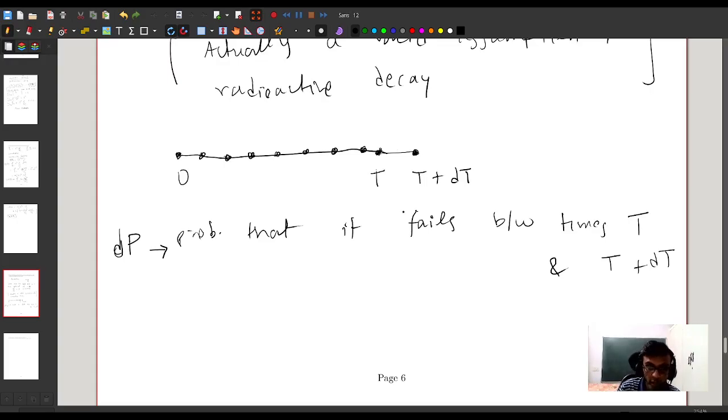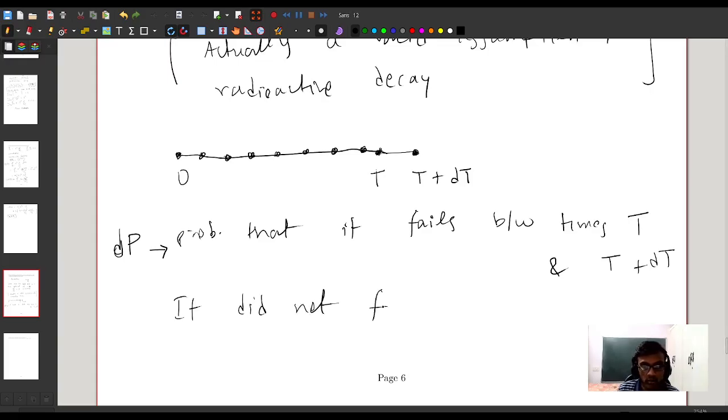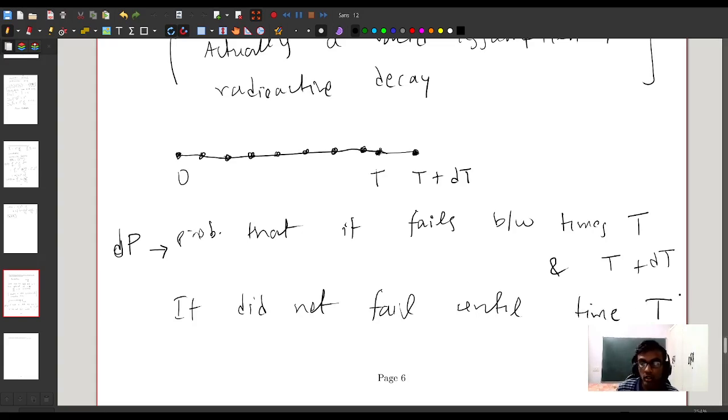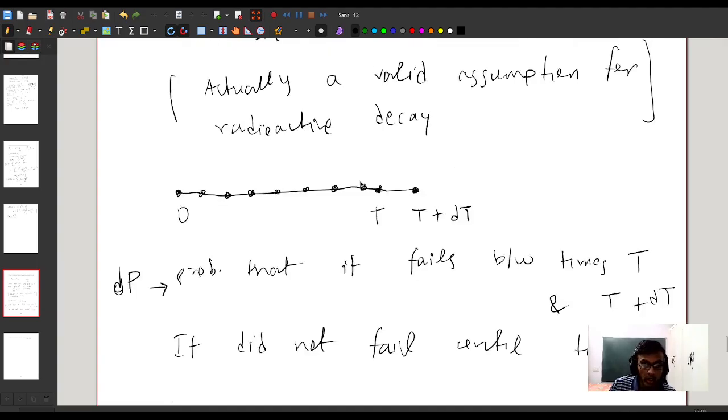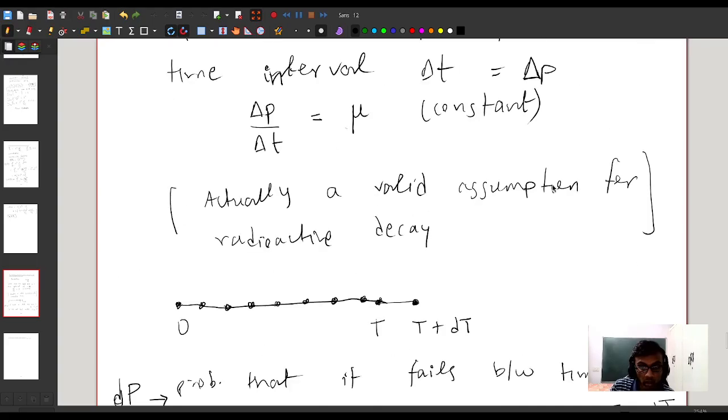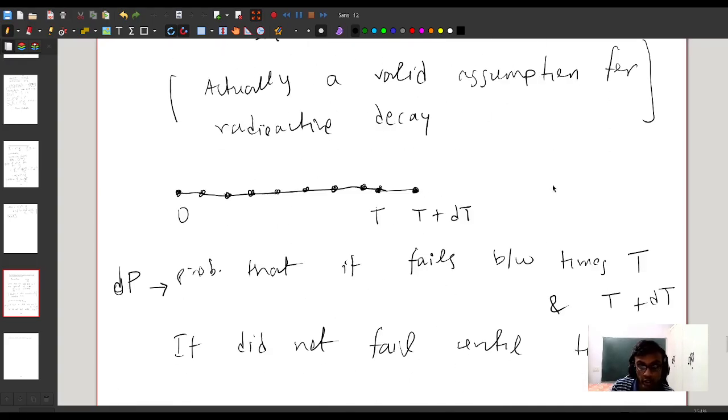That means it did not fail until time t. And the probability that we are asking is exactly the probability that we calculated in the first question for this coin tossing problem.